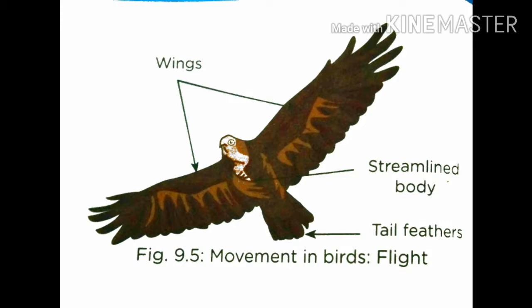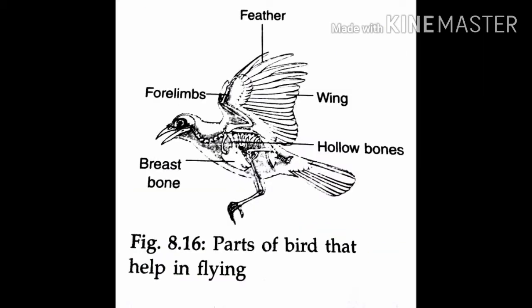Their bones are hollow and light in weight. The bony parts of the forelimbs are modified as wings. Mosquitoes and houseflies fly with the help of the wings attached to their body.